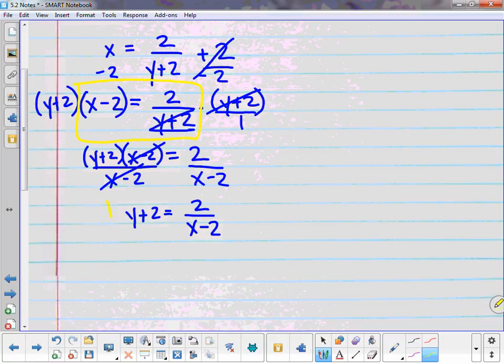And now we have this equation, y plus 2 equals 2 over x minus 2. So what is the difference between these two? Well, hopefully you can see that these quantities just swapped places. So these will just end up switching places.